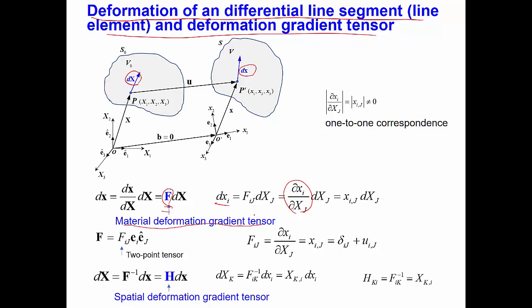Of course, it can be described in this way, that is x i comma J following the index notation. There is another description of the deformation gradient tensor. That is the spatial deformation gradient tensor.